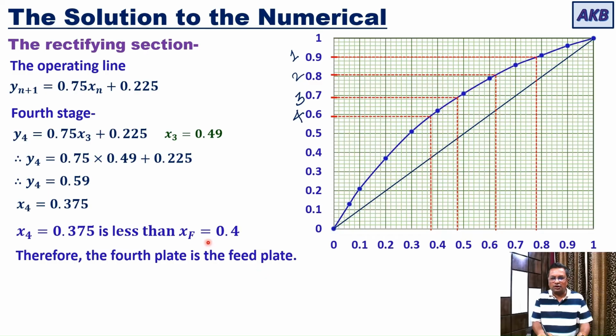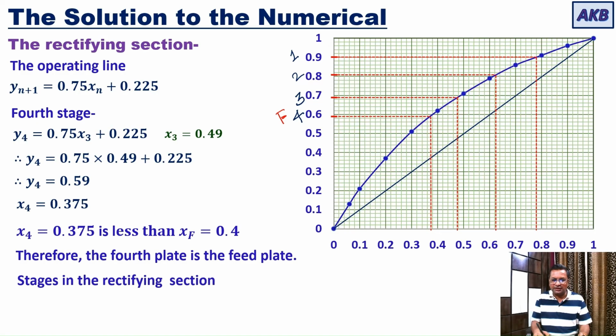That means we have reached the fourth plate where the composition is less than xf for the first time. As x was decreasing, it happened on the fourth stage. The composition became less than xf. So the conclusion is the fourth plate is the feed plate. So I'm going to identify that as the feed plate.